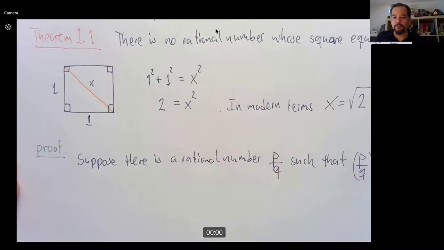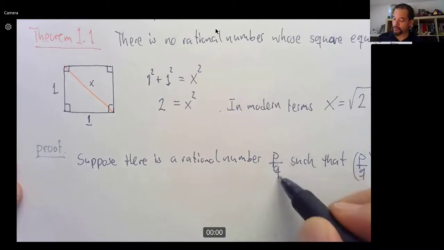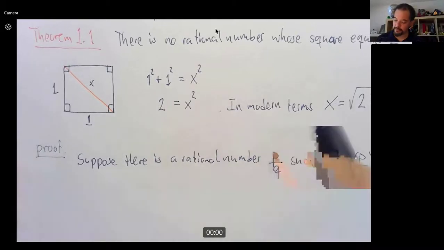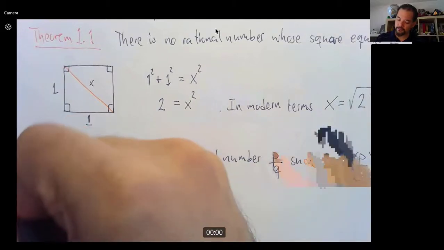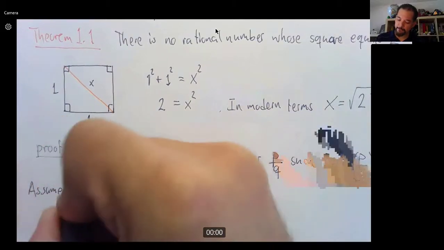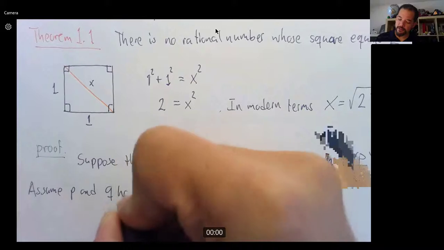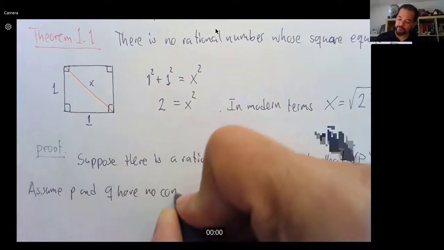And because a rational number you can always write in simplified form so that you don't have common factors, you can cancel them. Let's assume that's the case. So assume p and q have no common factors.